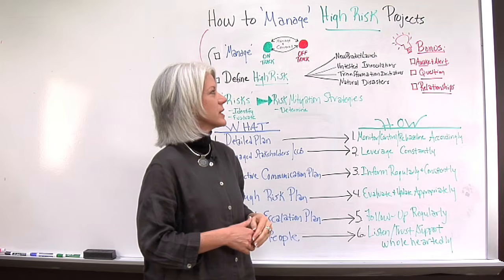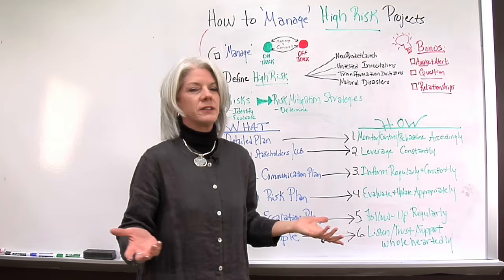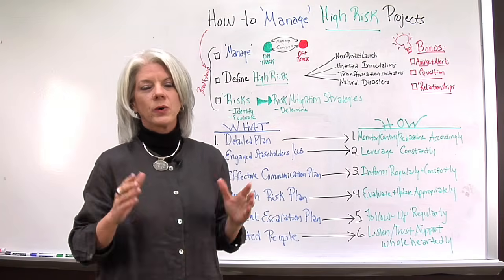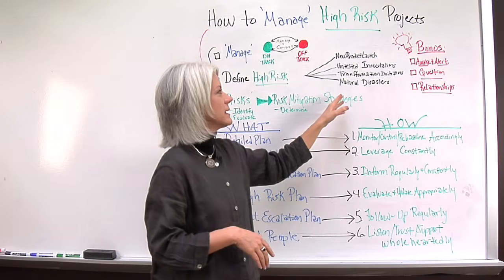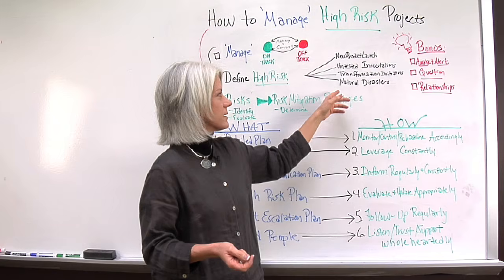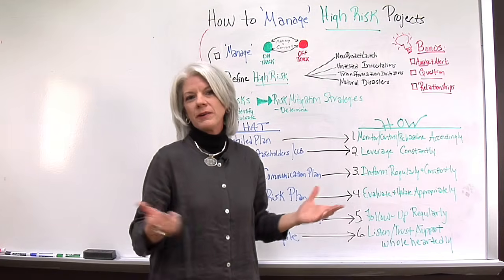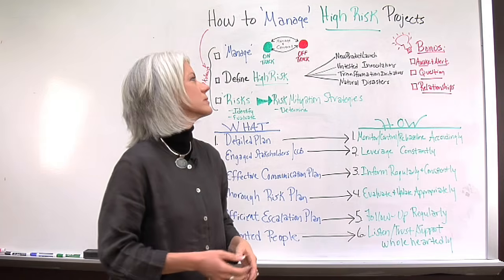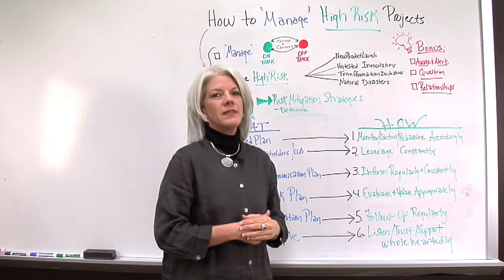Are you looking at a transformation initiative where something across the whole organization or the whole company is being implemented, impacting a lot of different people inside the company and outside? Or you could be on a high-risk project like being on something involved with a natural disaster. So we're looking at different things that can be involved.